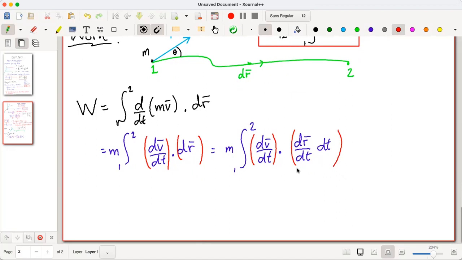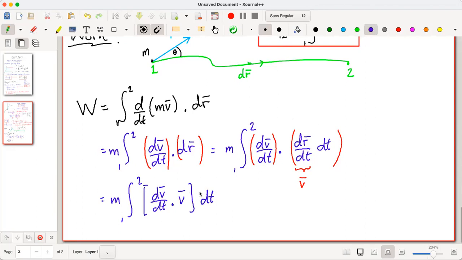Now, what is dr/dt? dr/dt is just v, right? So we have dv/dt dot v inside the integral, integrated with respect to time.